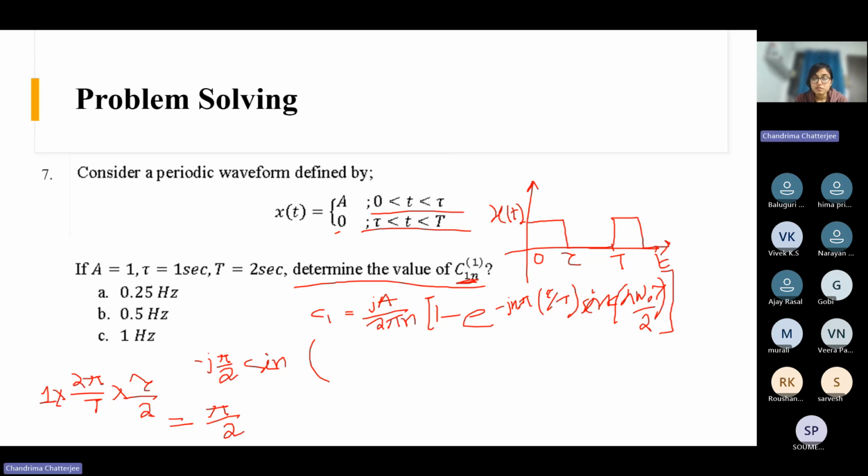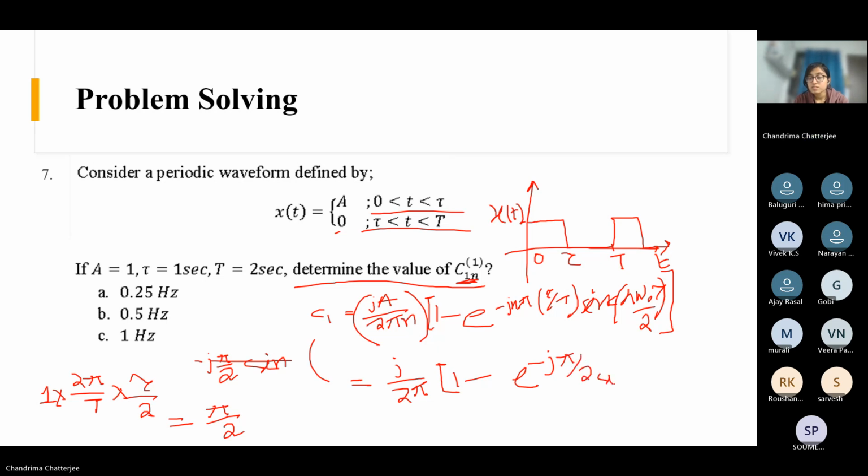So what we have, this is the expression. So j by 2 pi over here, and then 1 minus e to the power minus j pi by 2 and sinc of pi by 2.